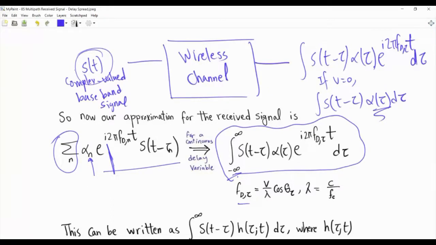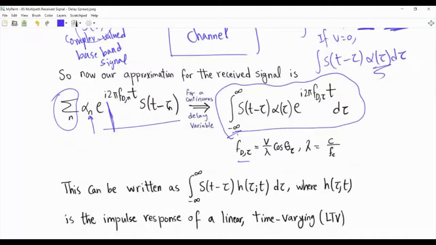Now, if v is not equal to 0, it's not just alpha of tau. It's alpha of tau multiplied by this exponential, which depends on time. So if you want to write down your received signal, you write it as the integral from minus infinity to infinity of s(t minus tau) times a function that does not just depend on tau; it depends on tau and t. It depends on two parameters.